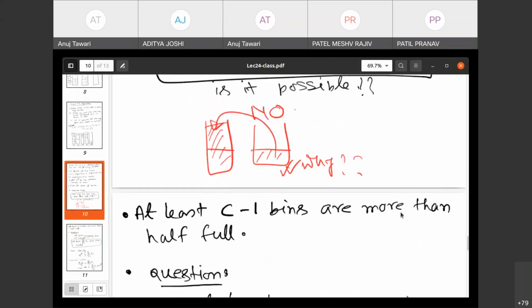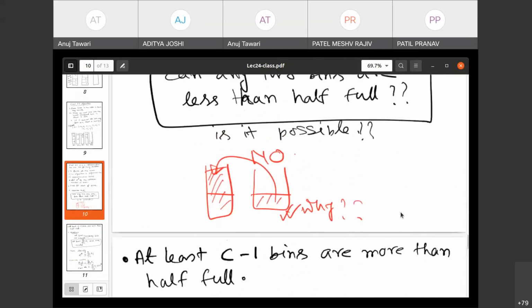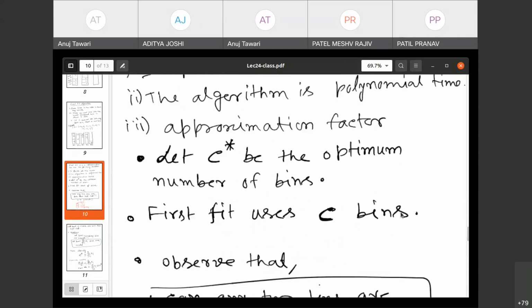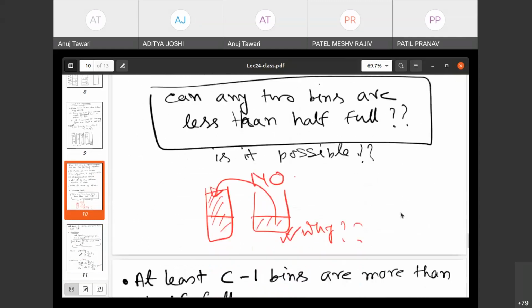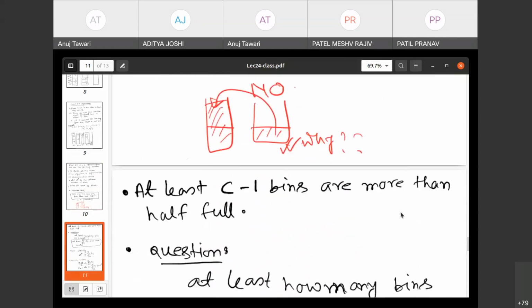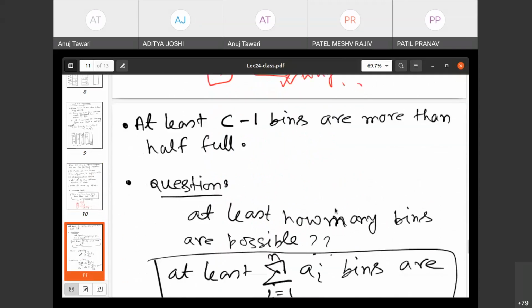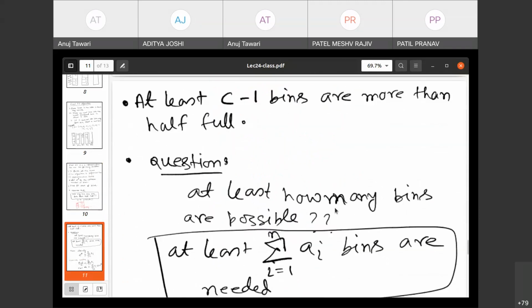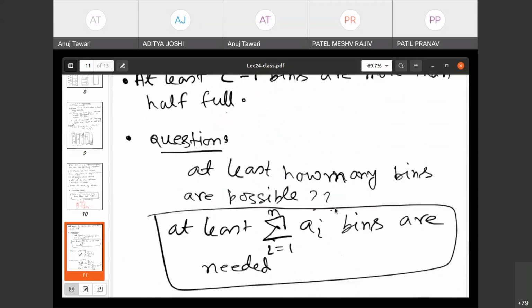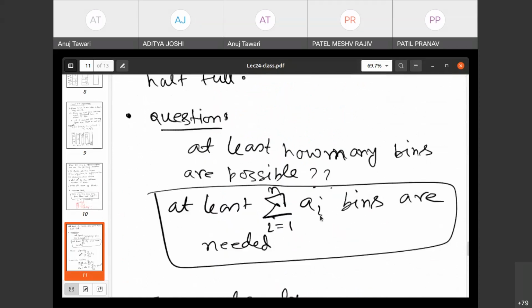So at least C minus 1 bins are more than half full, because in this arrangement, we had the C bins, and you cannot have 2 bins which are less than half. Now, at least how many bins are required? It is the summation of these AIs.